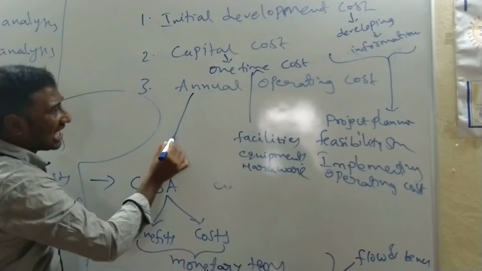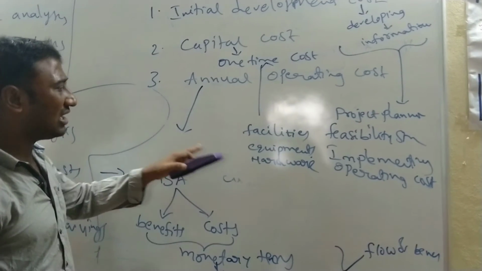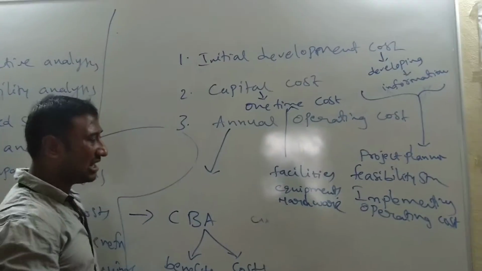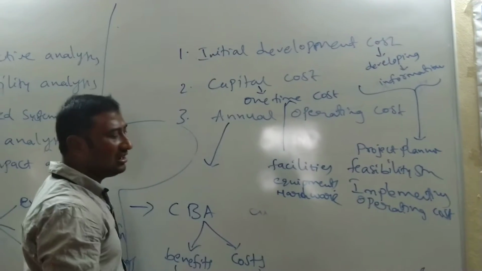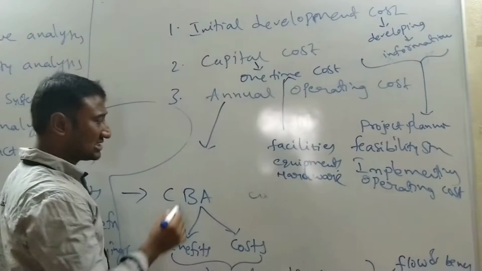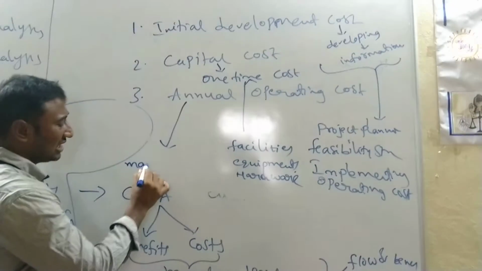And the third one is annual operating cost. Annual operating cost is nothing but the maintaining costs, such as overheads on hardware and equipment within the system.